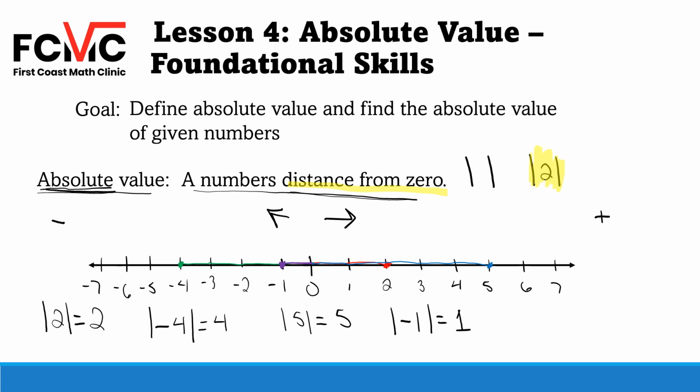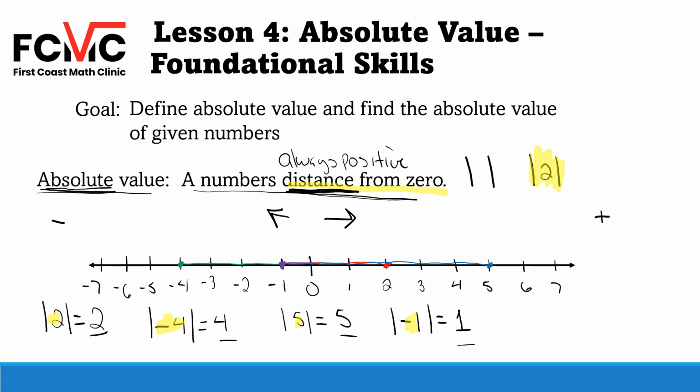For all of these answers, 2, 4, 5, and 1, no matter what our value is inside of our absolute value bars, our answer is always going to be positive. And it's always positive because our absolute value is a distance, and we can't have a negative distance. We have to travel a positive distance.